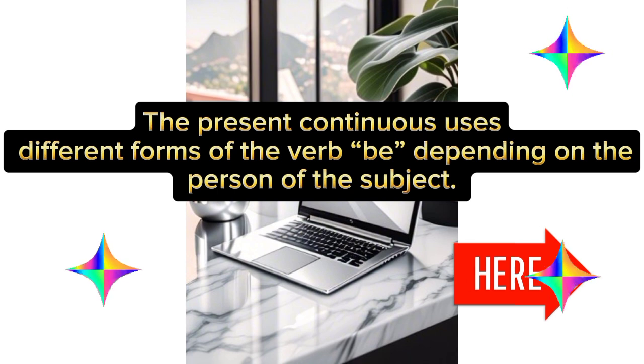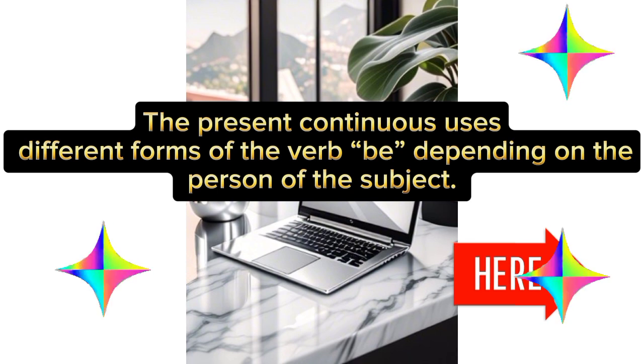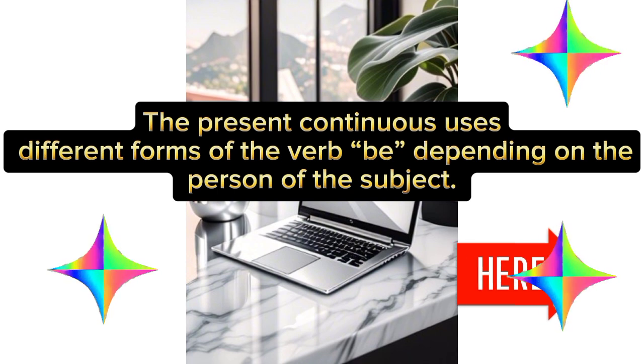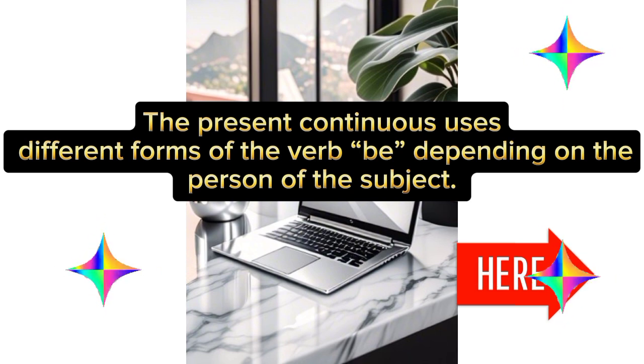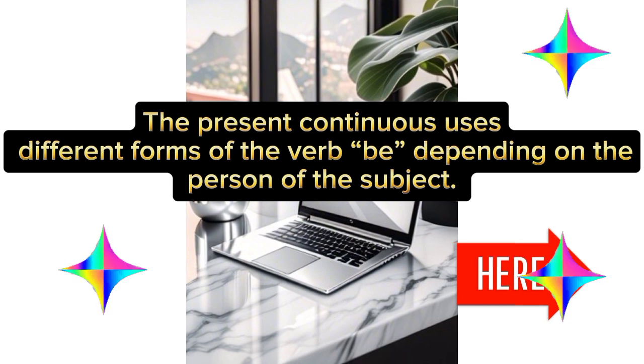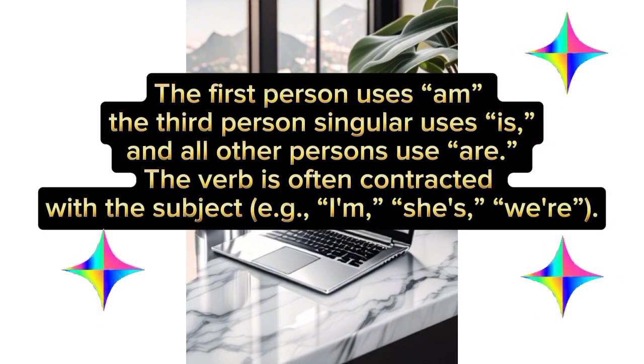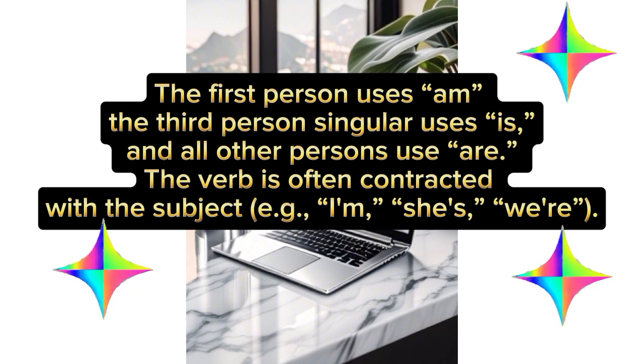The present continuous uses different forms of the verb be depending on the person of the subject. Check how. As we said, it is used for continuous activity. The first person uses am.